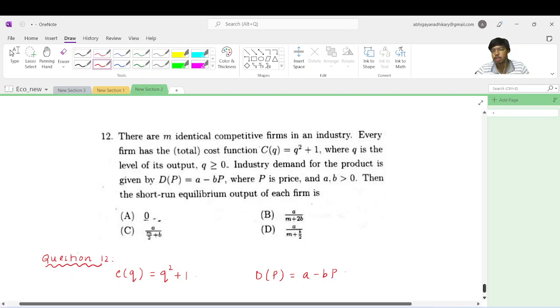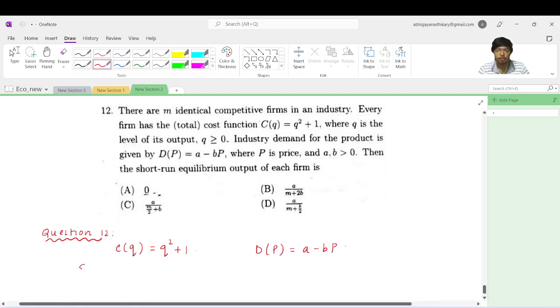So what was the short run equilibrium? If you remember, what was the condition determining the short run equilibrium? Price should be equal to the marginal cost. That is what should happen. So over here, what is the marginal cost? It is 2q.